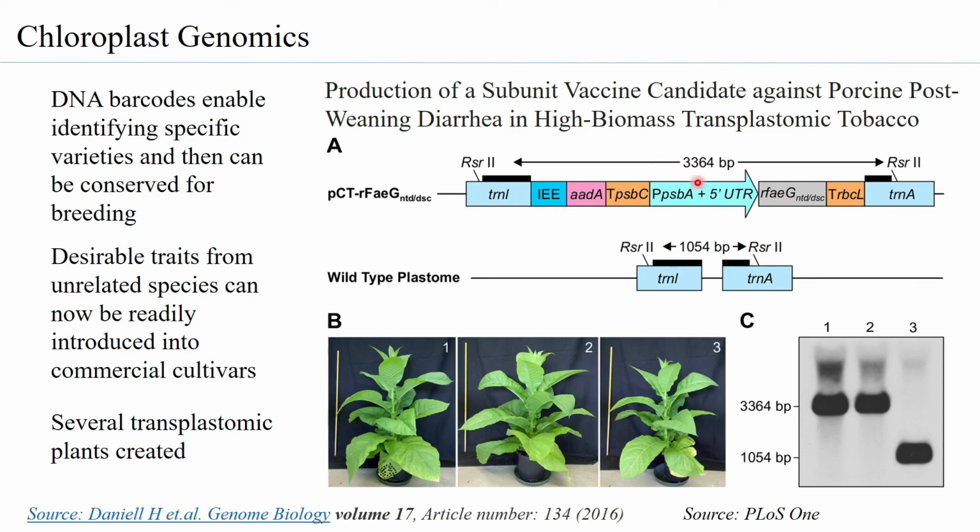Once this has been introduced into the chloroplast and integrated within the chloroplast DNA, then as one observes, this is plant 1, plant 2 and plant 3. Plant 1 has the vaccine, plant 2 has the vaccine, but plant 3, which has not been introduced with the transgene, is about 1054 base pairs only, and therefore is not producing the vaccine, but these two are producing the vaccine. So these plants that have been created are transplastomic tobacco.